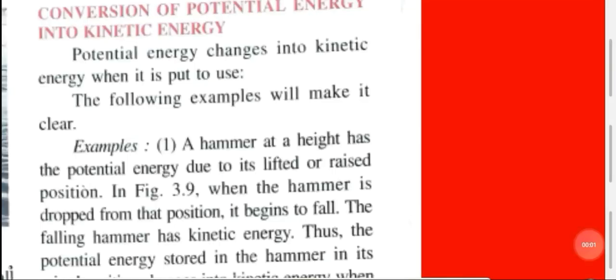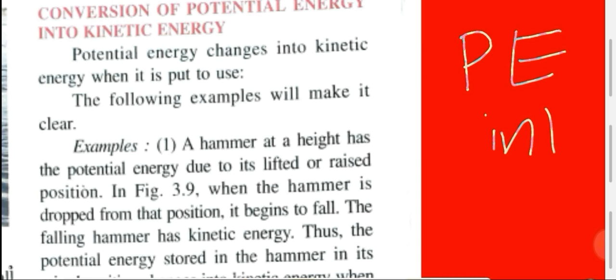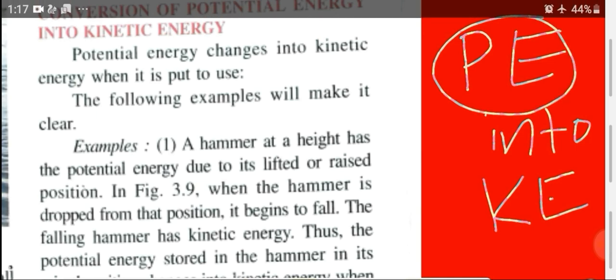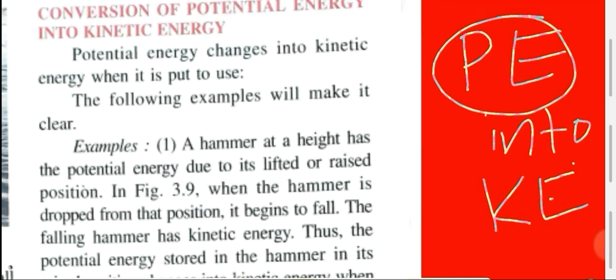So students, here is our topic, conversion of potential energy into kinetic energy. Means PE into KE. What is PE? We know that it is potential energy. What is KE? That is kinetic energy.